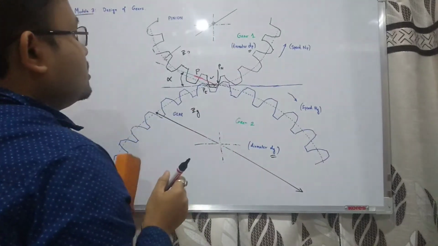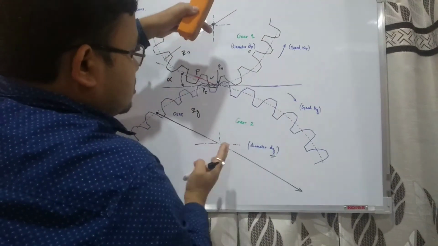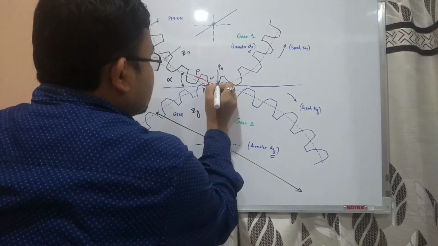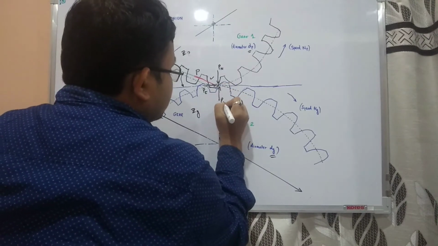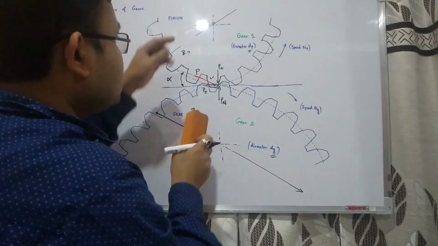Now see, pinion is trying to push the gear downwards, but gear is not going anywhere. So gear will be applying the same amount of force, PN, so that they neutralize each other, and they are not going anywhere else.